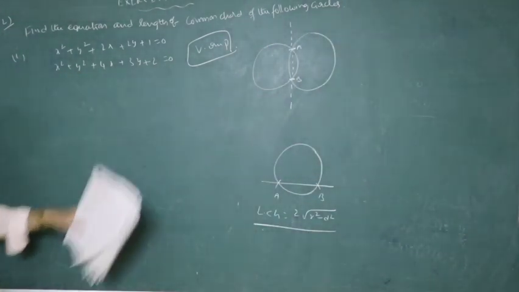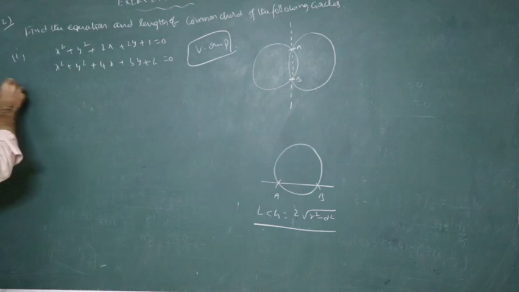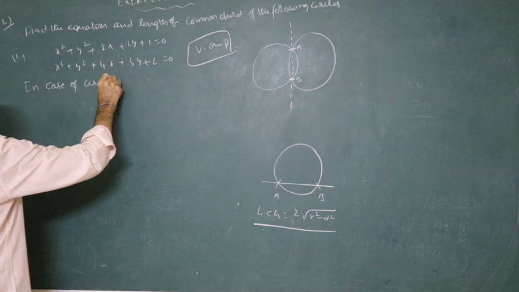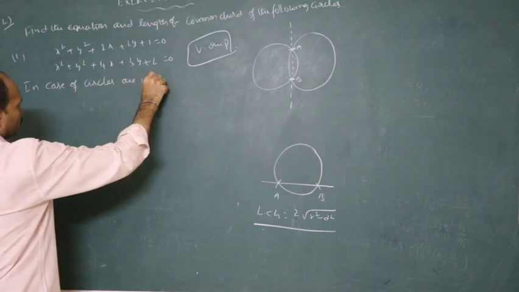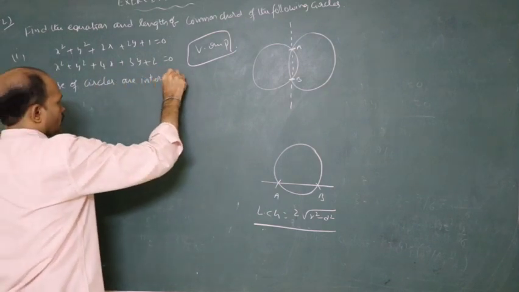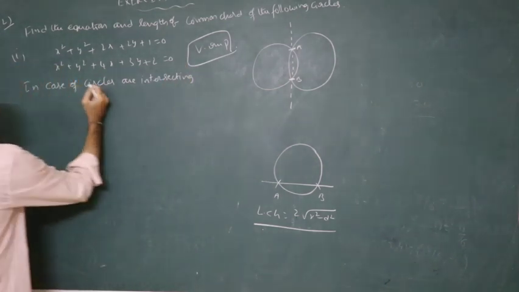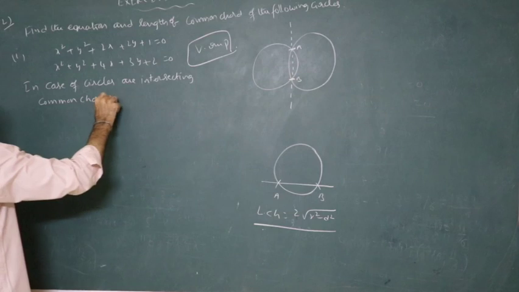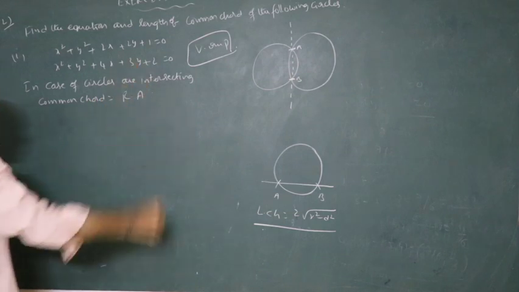You know that in the case of intersecting circles, the common chord is equal to the radical axis.